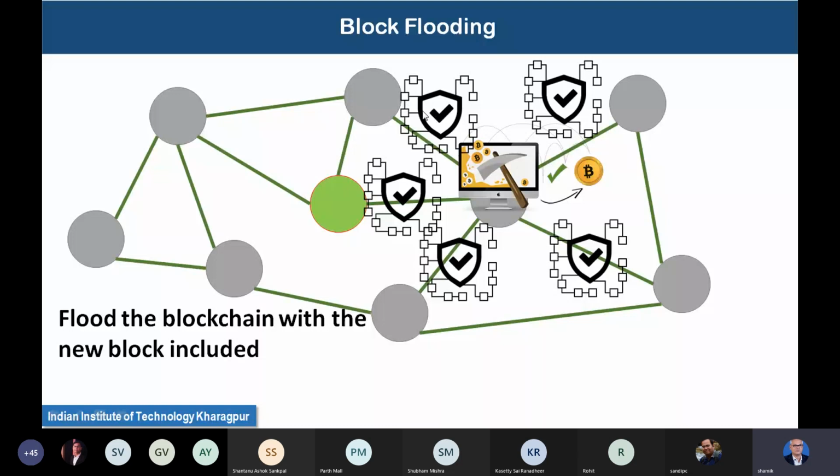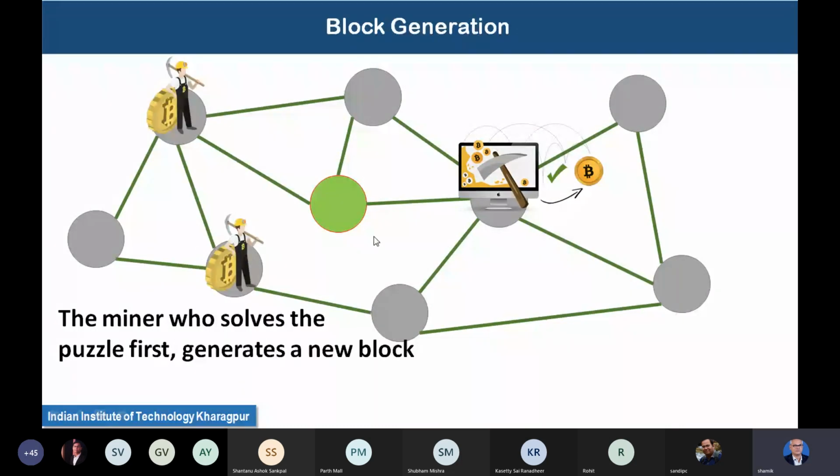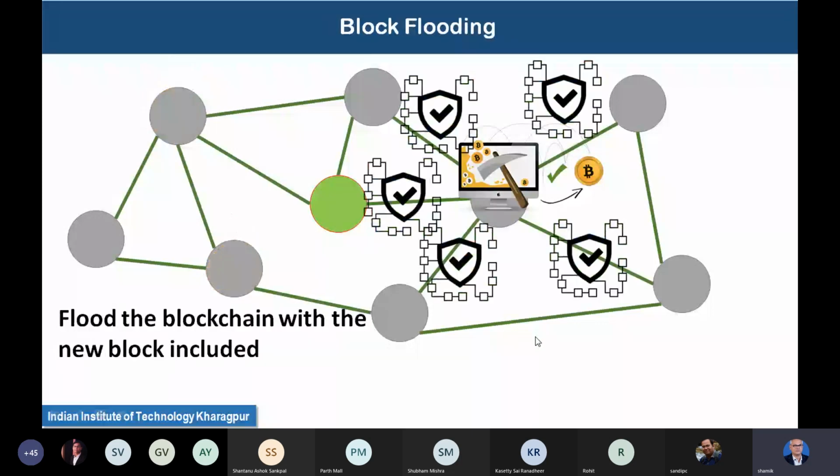So these different nodes will be able to check, and if they find that it is really true, they will give up, even if they were trying to do the mining. As soon as they find somebody else has mined the next block, they will verify the block, and it will get added to their local chains, and then they will also be sending it to their peers, and likewise all these blocks will be flooded throughout the entire Bitcoin network.